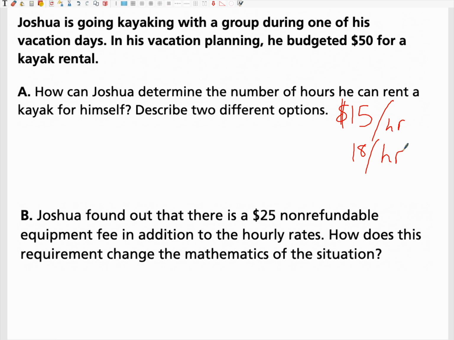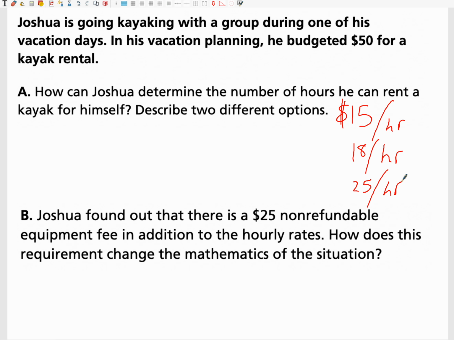And a double kayak is $25 per hour. The first one is just a single kayak, a one-seater for going down the river or on the lake. The next one is a sea kayak, for going out to the ocean. And then next would be a double kayak.